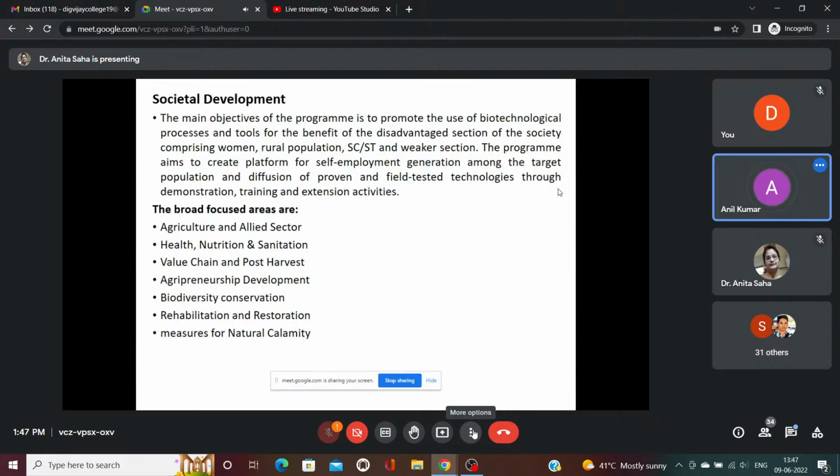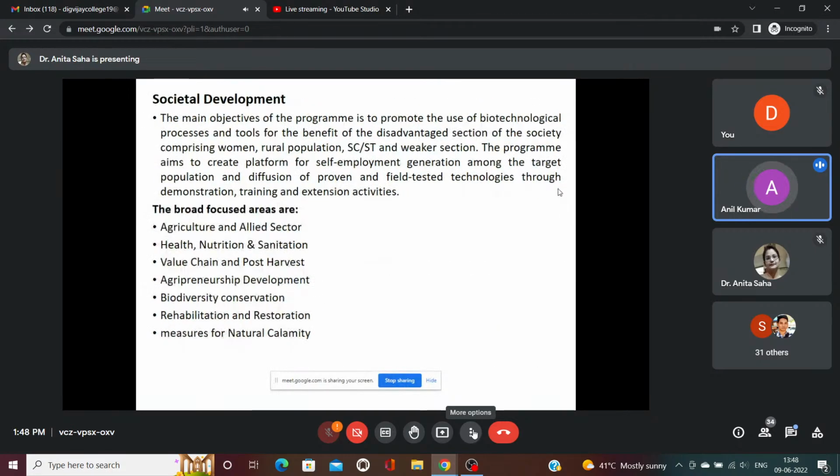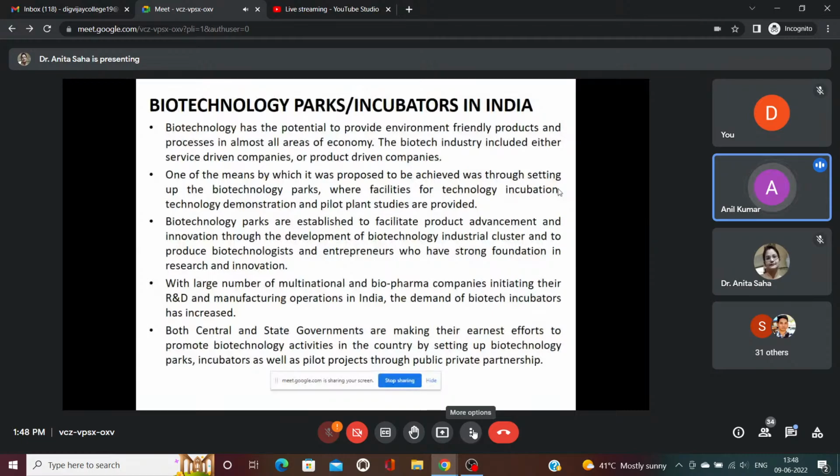The next one, their main focus areas are agriculture and allied sectors, health, nutrition and sanitation, value chain and post-harvest, and other things. Then the biotechnology parks and incubators in India. Yes, in our country, the biotechnology parks and incubators are already functional, and working very vigorously.